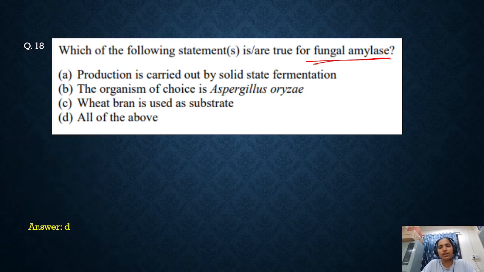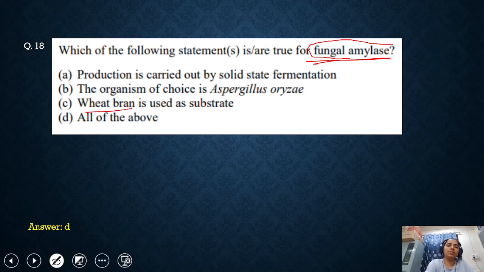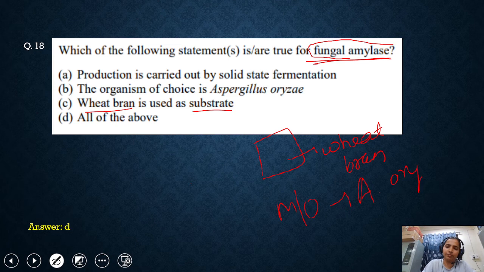For this fungal amylase, all three statements are correct. Wheat bran is used as a substrate initially. Then we use the microorganism Aspergillus oryzae. Then the fermentation type is solid state fermentation.